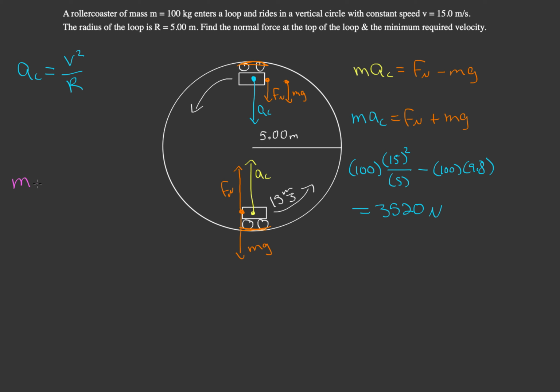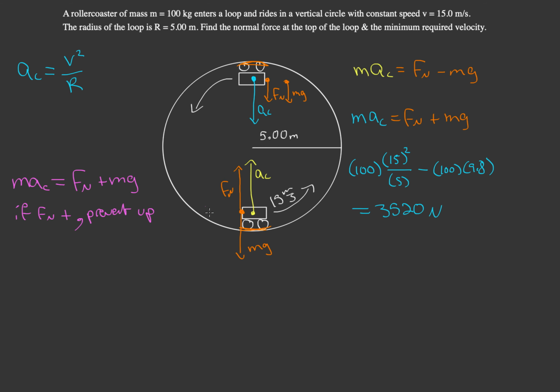So let's rewrite this. We have centripetal acceleration times mass equal to the normal force plus gravity. If our normal force is a positive number like we have here, we are experiencing a push downwards, and that push is to prevent us from going upwards.